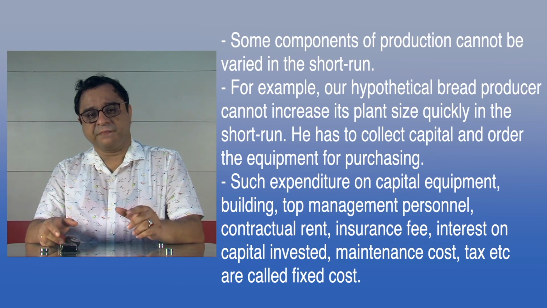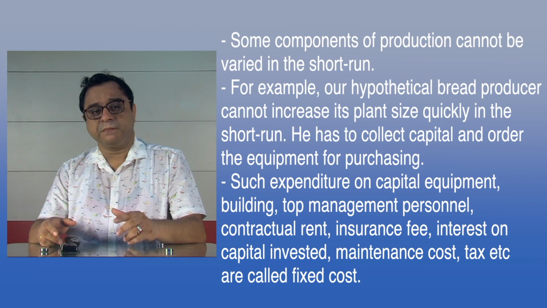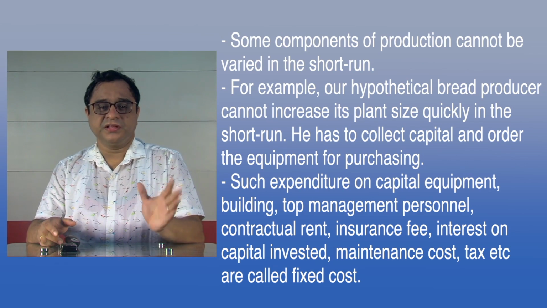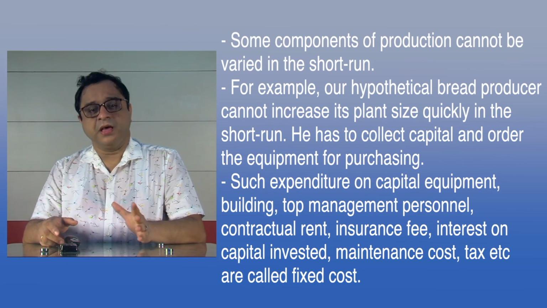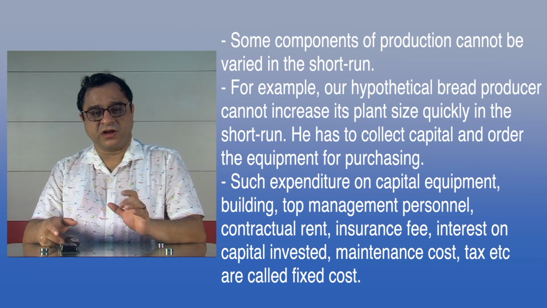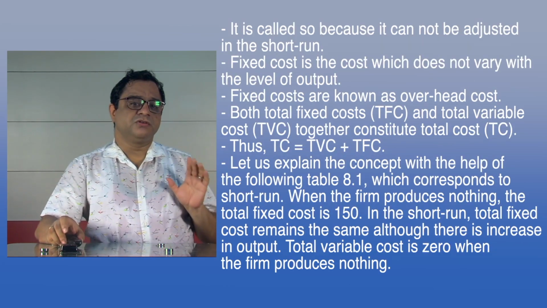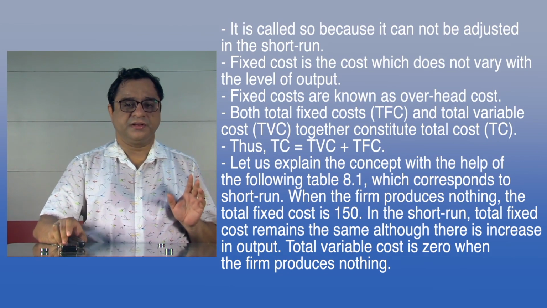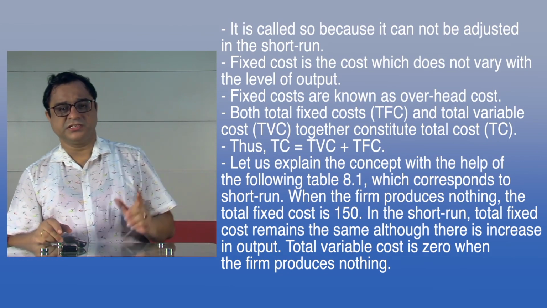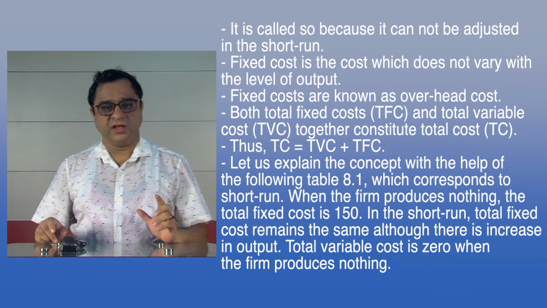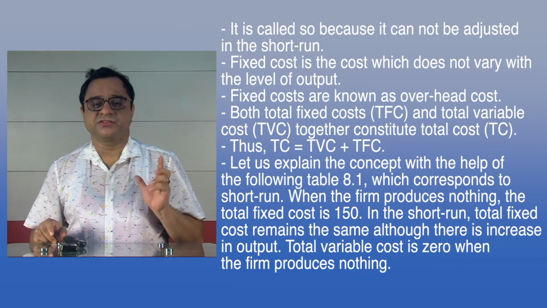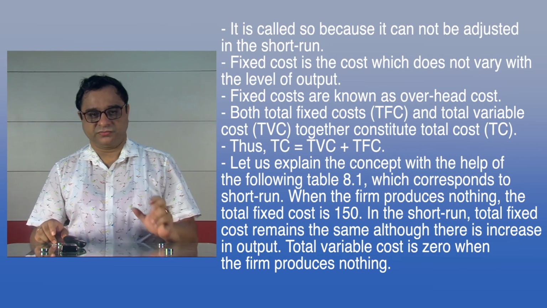Such expenditure on capital equipment, building, top management personnel, contractual rent, insurance fee, interest on capital invested, maintenance cost, tax, etc. are called fixed cost. It is called so because it cannot be adjusted in the short run. Fixed cost is the cost which does not vary with the level of output. The fixed costs are also known as overhead cost.